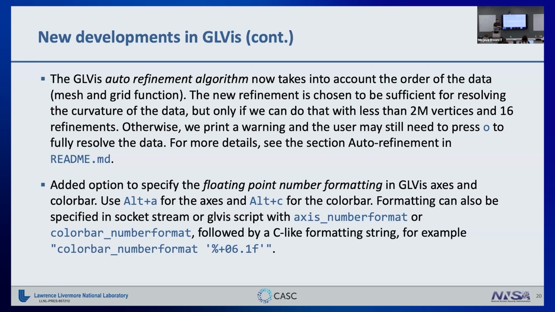And the reason is just visualization. We were doing it for speed, and that number was fixed for quite some years, but now with new hardware, we said, okay, it's probably not worth keeping it low. So now we allow, I don't know, one order more of refinements.